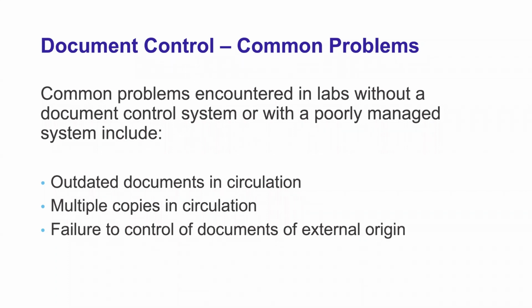You might have multiple copies in circulation, so that becomes a problem when you need to update them. Corralling all those copies, updating them all, and then recirculating them can be challenging. So trying to keep a system where you have only the number of copies you need in circulation is important.